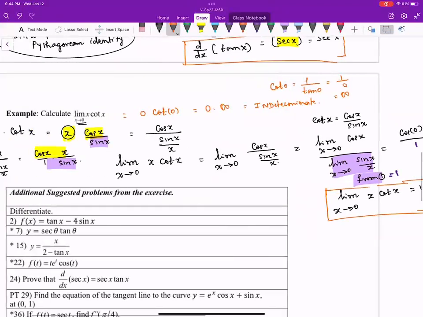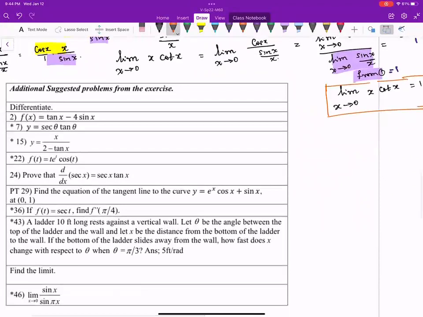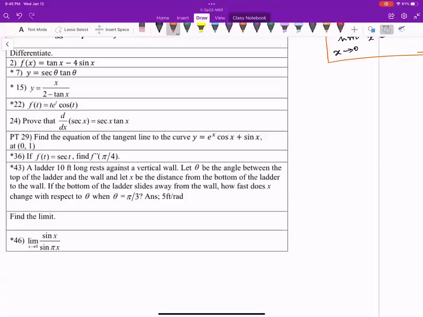All right, let's try a couple of problems from this handout, additional suggested problems. In this additional exercise, there are some star problems, which are homework exercises.